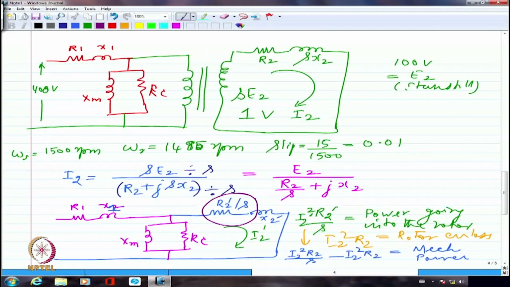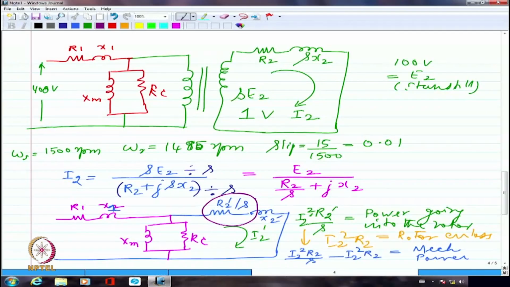I can write it as I2 dash square R2 dash by S or I2 square R2 by S, because power is invariant. Whether I am looking at it from the primary side or secondary side, power is invariant. It is not going to change. That's how we did the conversion also. R2 dash equal to R2 multiplied by N1 by N2 the whole square. That's what we did. Remember? So, I am inputting a power which is corresponding to I2 dash square R2 dash by S per phase.